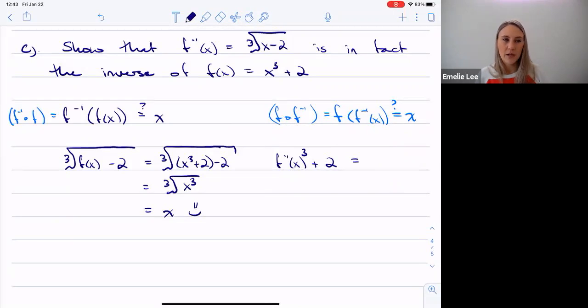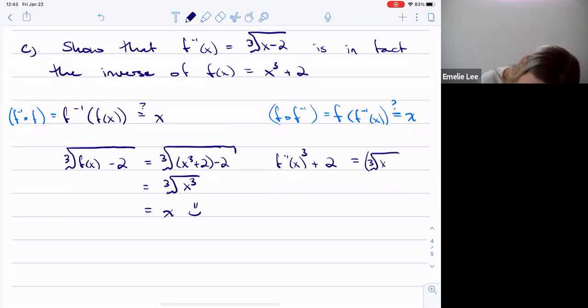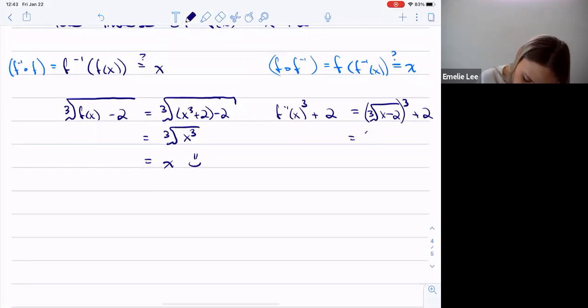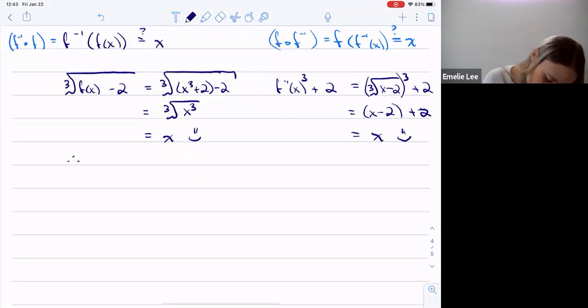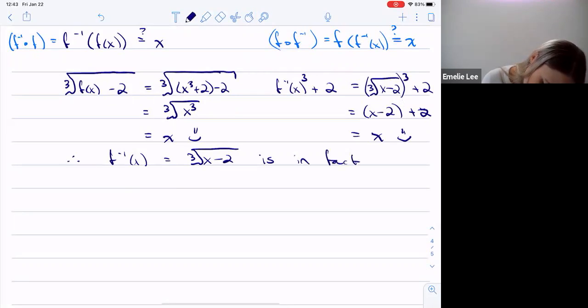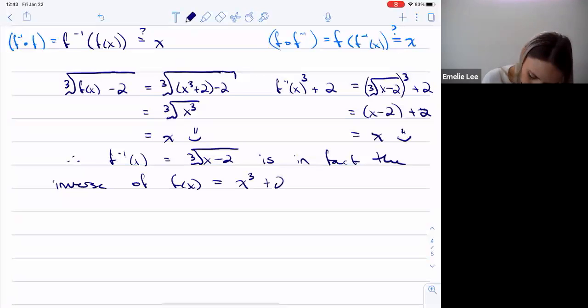So the inverse to the power of 3 plus 2 is the third root of x minus 2 to the power of 3 plus 2, which is going to be x minus 2 plus 2, which is just going to be x. So what I can conclude here is, therefore, f inverse of x equal to the third root of x minus 2 is in fact the inverse of f of x equals x to the 3 plus 2.